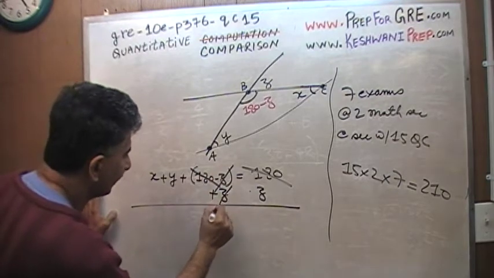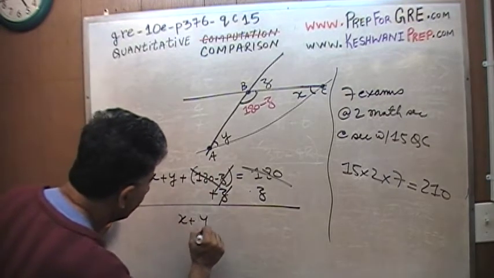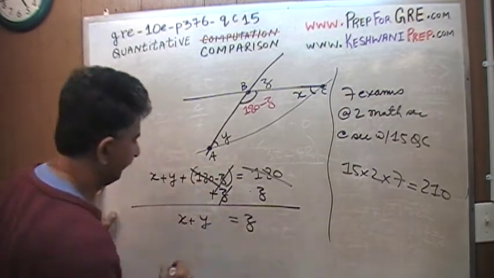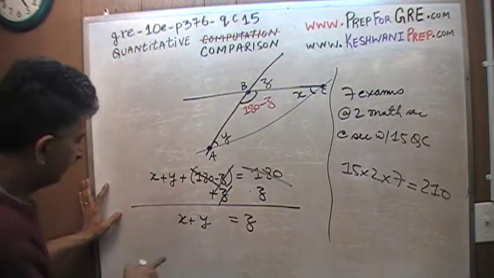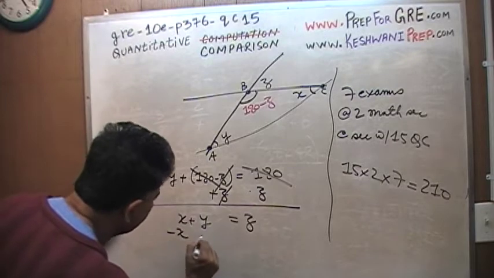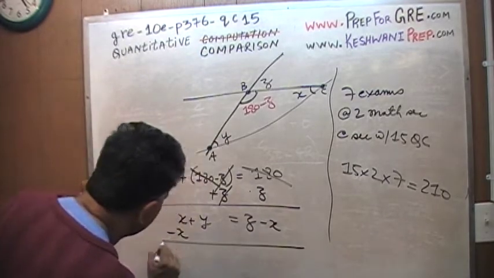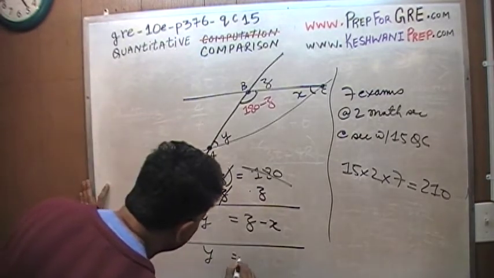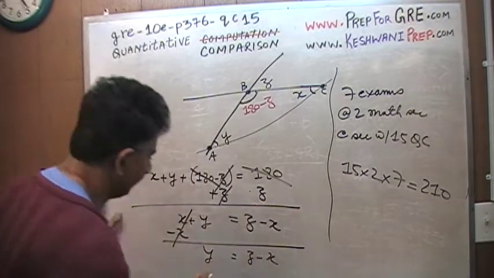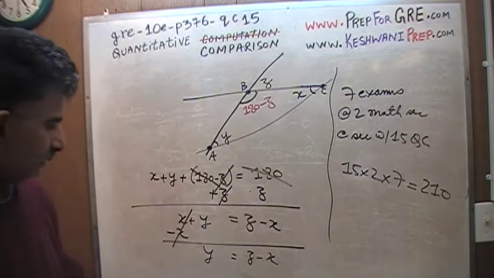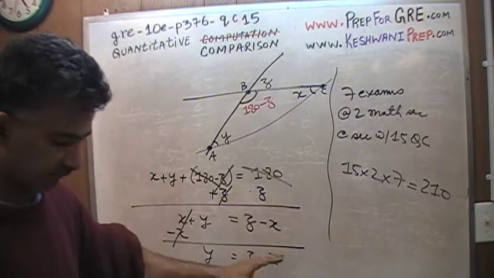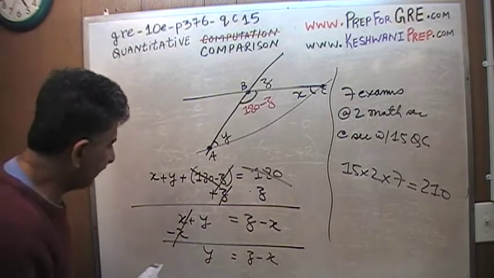That Z drops out and we get X plus Y equals Z. And then we need Y by itself, so let's subtract X from both sides. And voila, Y equals Z minus X. This is your column B.